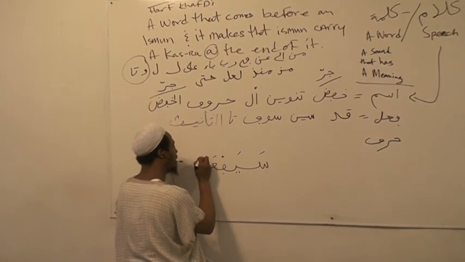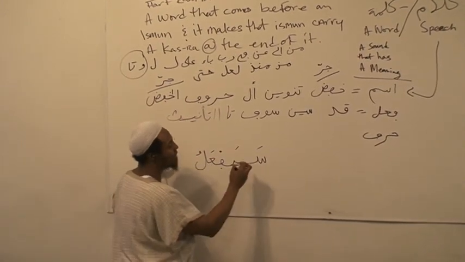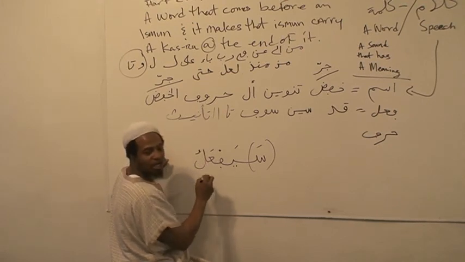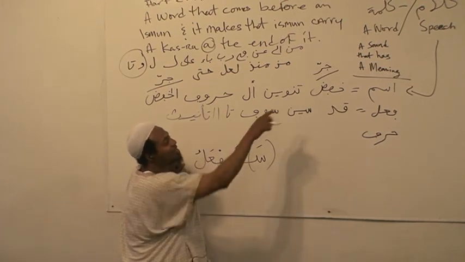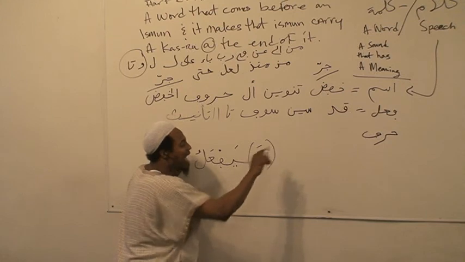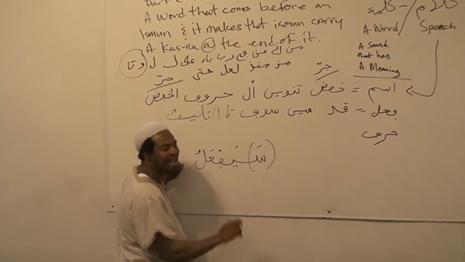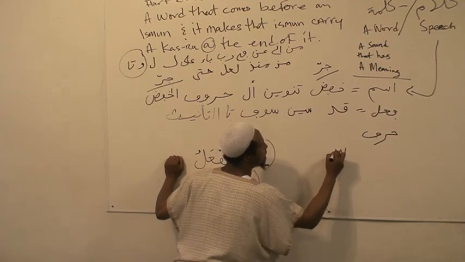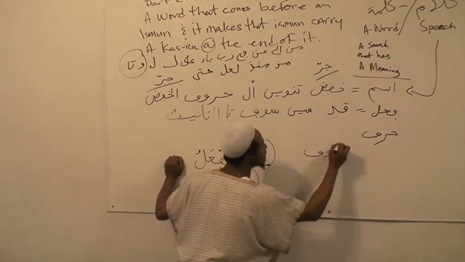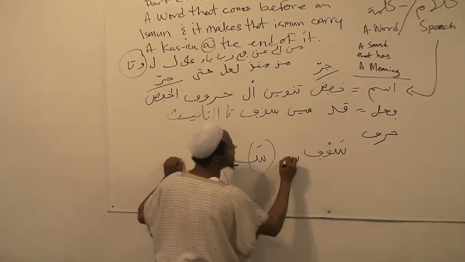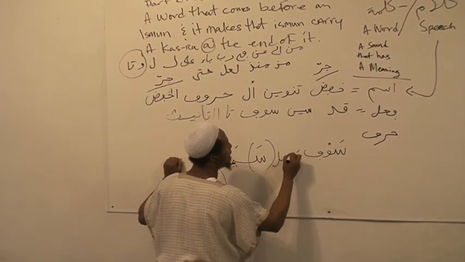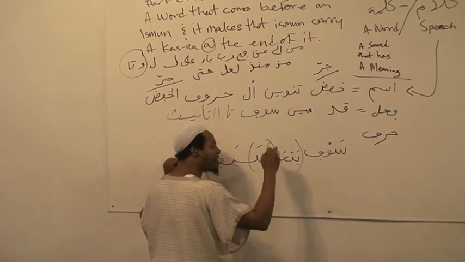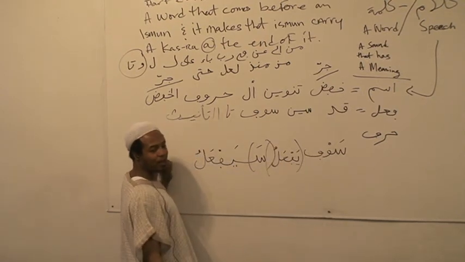Sa yaf'alu. This sa right here lets you know that this word is what? A fi'lun. It's not an ismun, and it's not a harfun, because it has sa in front of it. If it says sawfa yaf'alu, then we know yaf'alu is a fi'lun because it has sawfa in front of it.